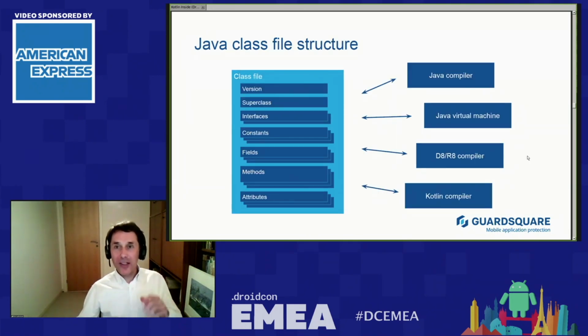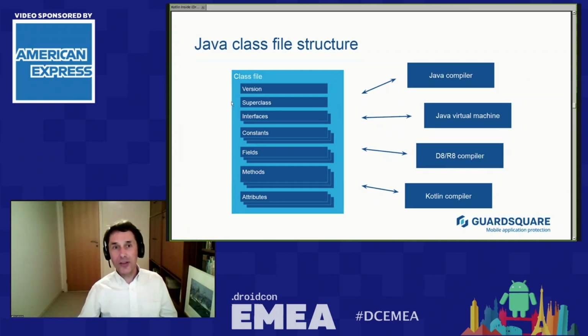Maybe I'll take a quick detour about how this is represented. This is mostly curiosity. It doesn't matter too much for processing your own application, your own build process. But the Java class file structure, and similarly the Dalvik class structure and the Dex file structure, they typically have a version of the class file.